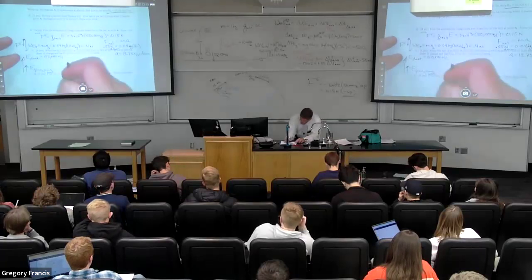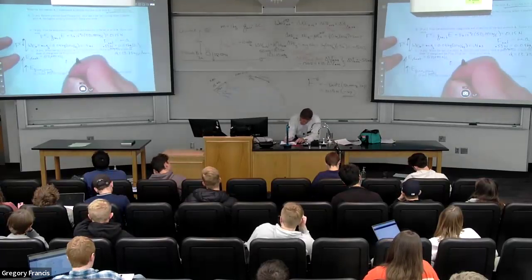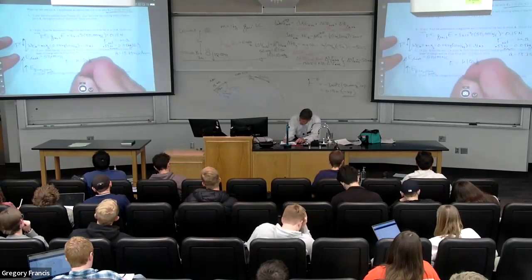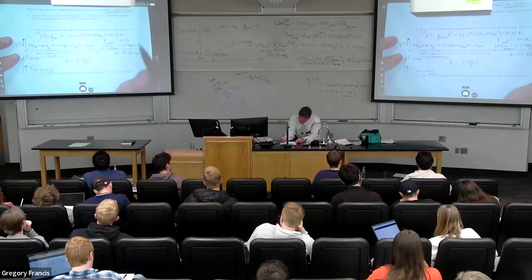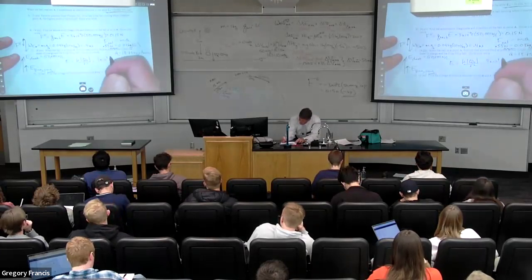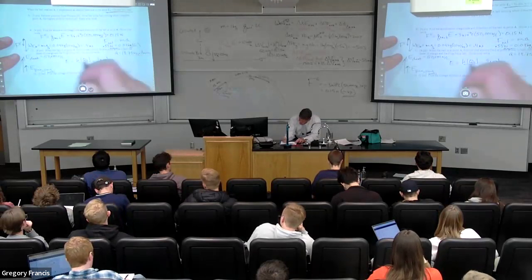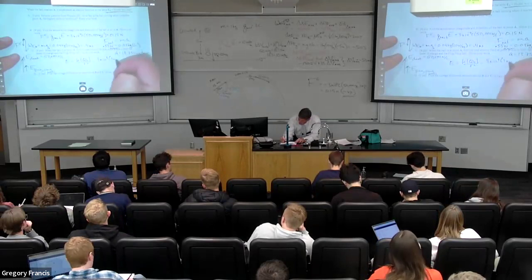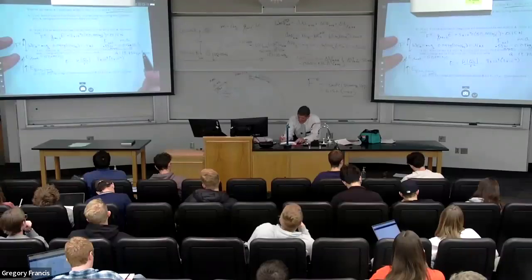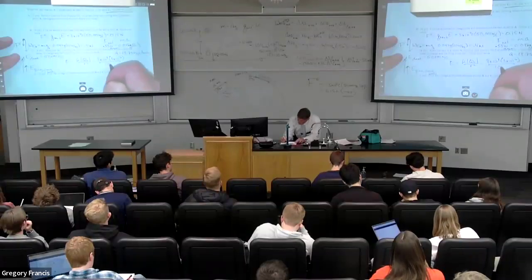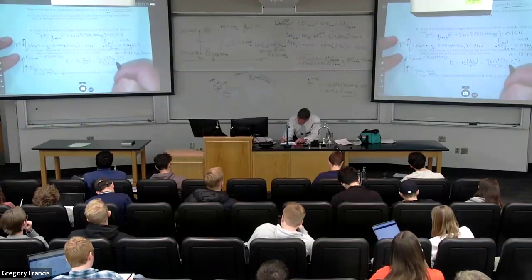And I can find that field just by taking k times Q source over r squared. k is going to be 9 times 10 to the 9th. The Q source absolute value is going to be 3 times 10 to the minus 6. And the distance between A and D is going to be 1.5 meters, and I'm going to square that.